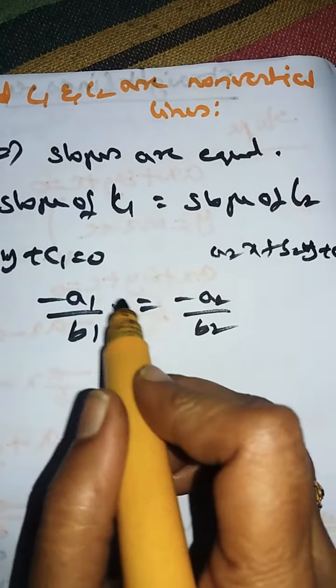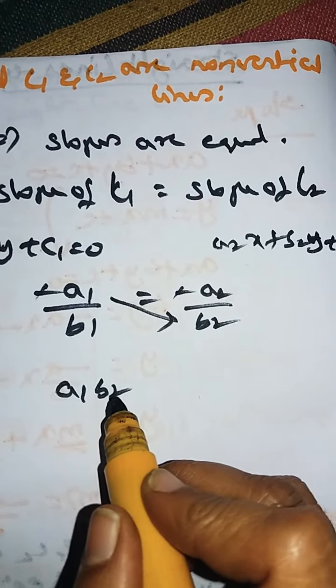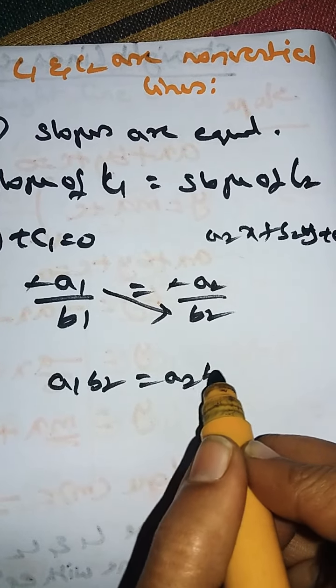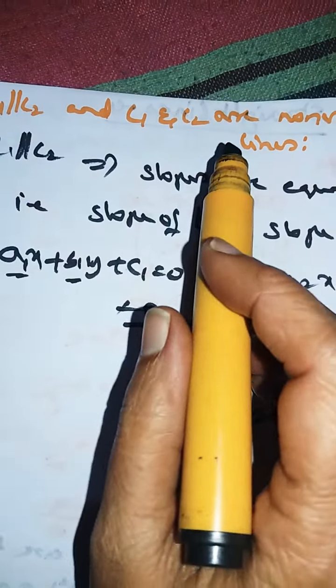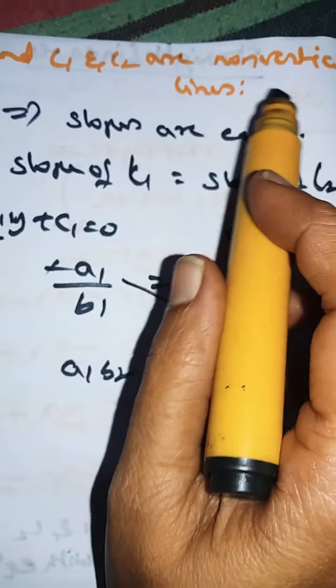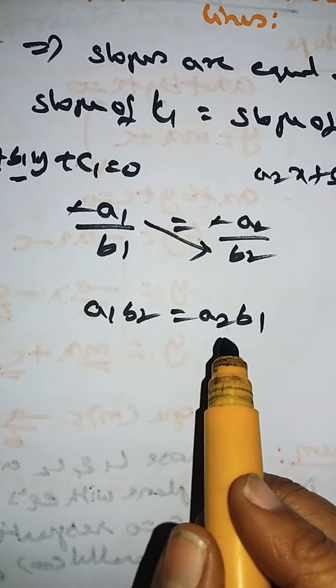Now by cross multiplication, the minus signs cancel and we get a1b2 = a2b1. So if L1 is parallel to L2 and the two lines are non-vertical, we get a1b2 = a2b1.